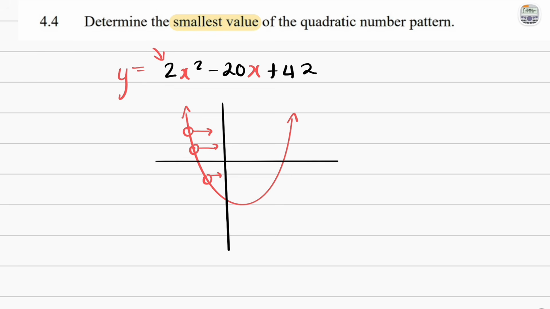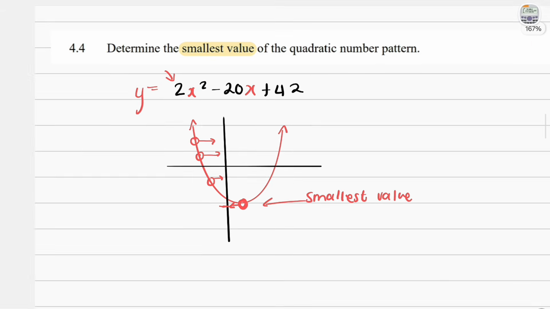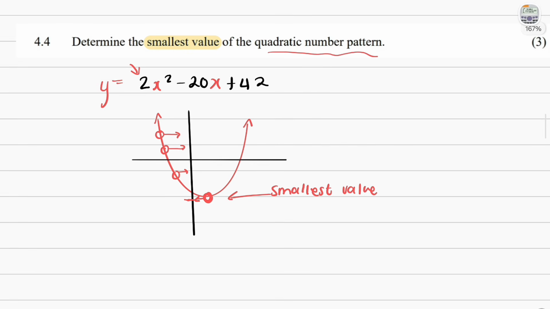But looking at all these y values, the lowest y value you will have would be over here. That is the lowest that this graph reaches. After this number, it doesn't go anything below this. There's no graph down here. This is the smallest value that this parabola will ever have, that this quadratic number pattern will ever have.